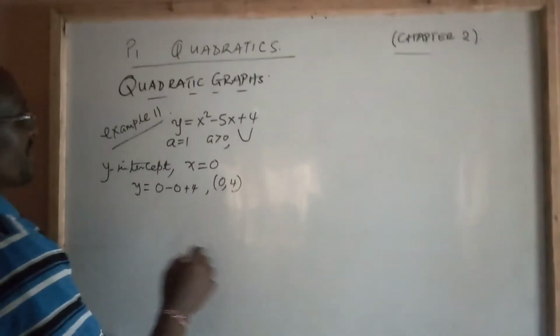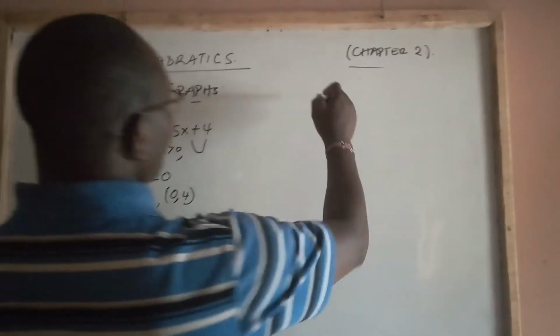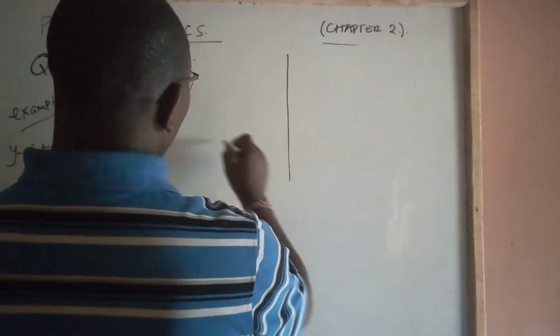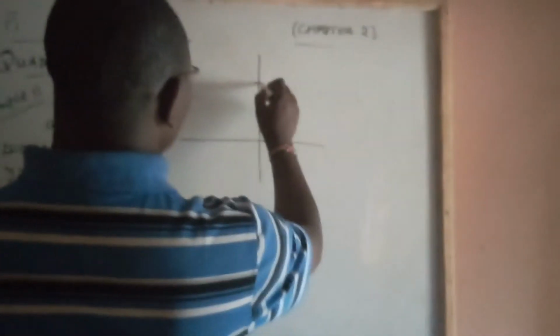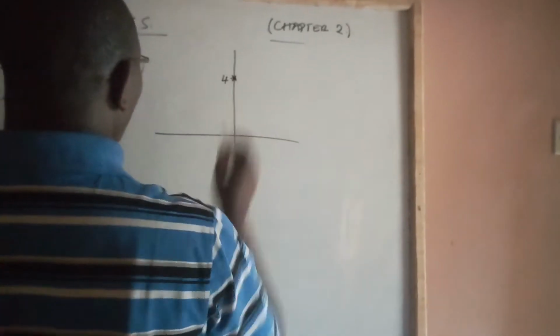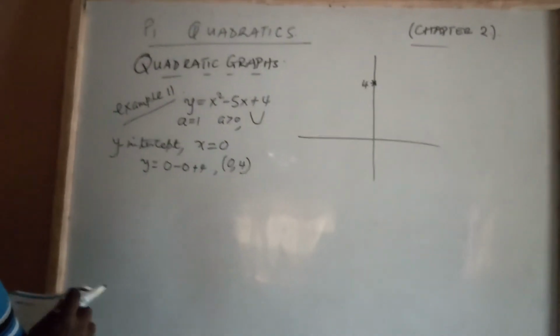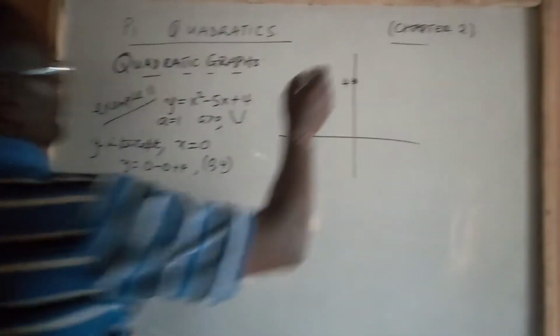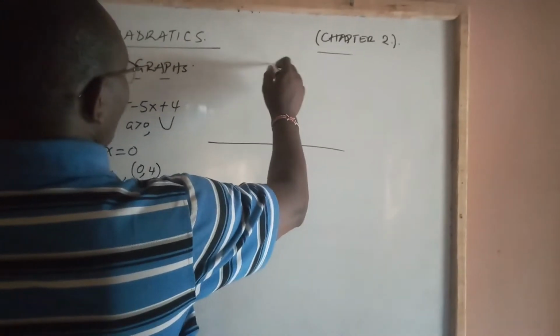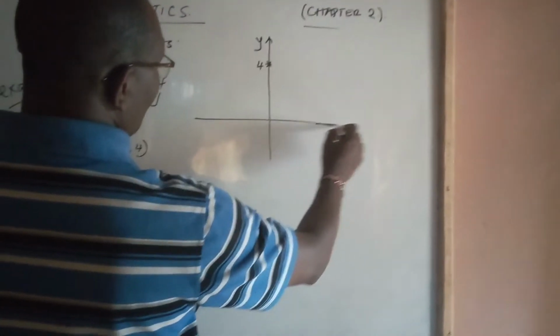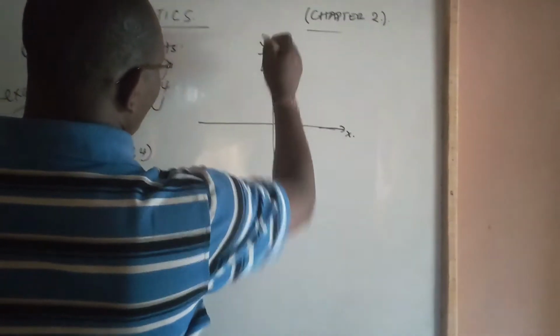If we are to sketch the graph, let's have it here. We will mark (0, 4), that is the y-intercept. Where does the graph cut the x-axis? This is x and this is y.